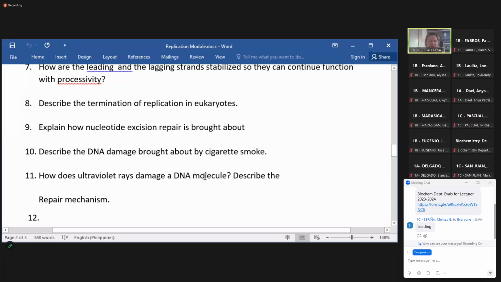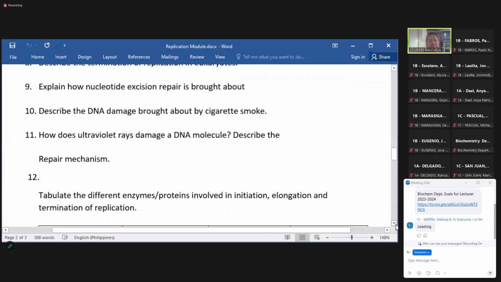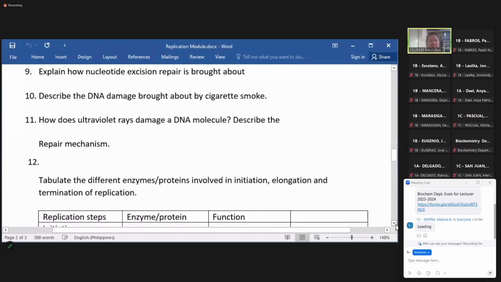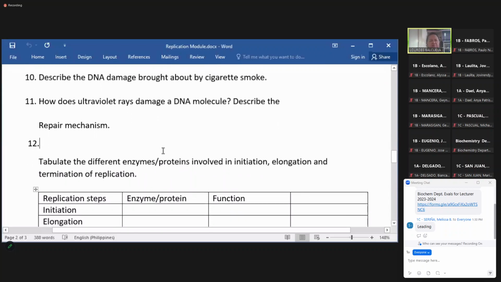And how does ultraviolet rays damage the DNA molecule? Exposure to ultraviolet rays.